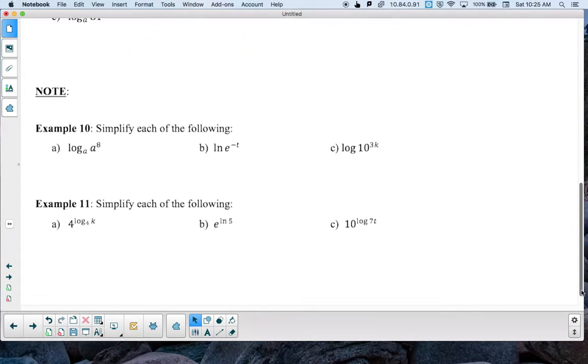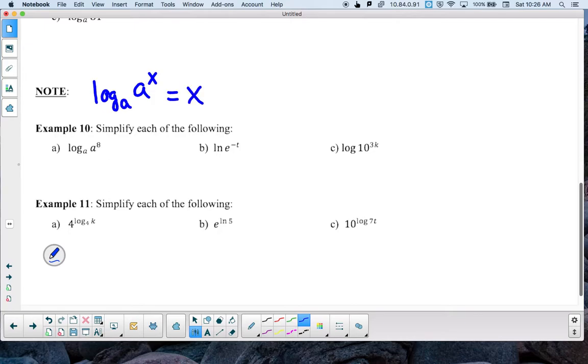And so one note, if we have log base a of a to the x, so if the base of our logarithm matches the base of an exponent within our log, this is just going to cancel out, so they're like inverses of each other.